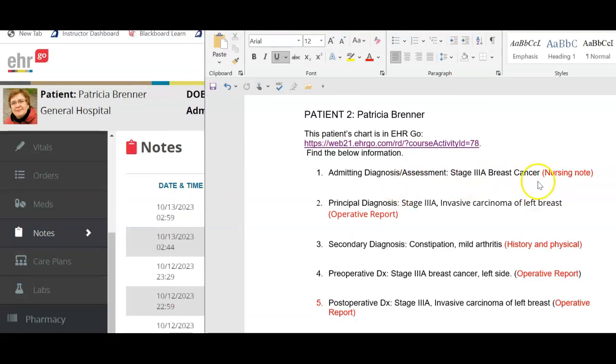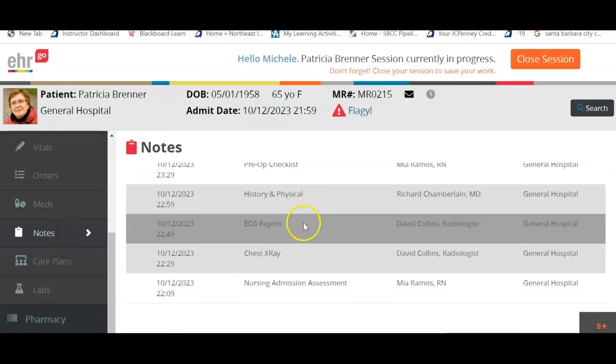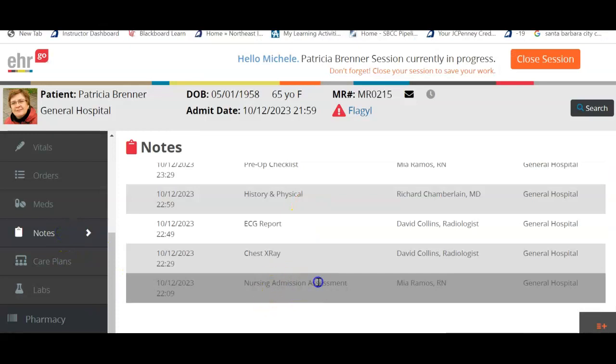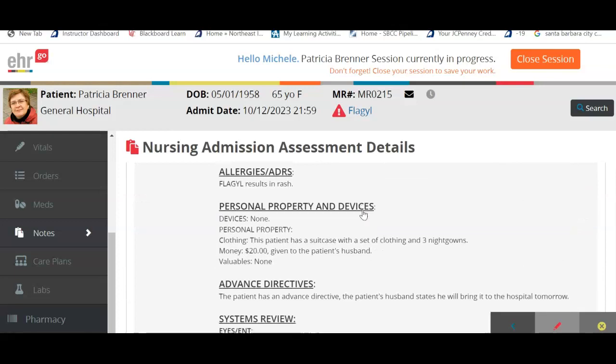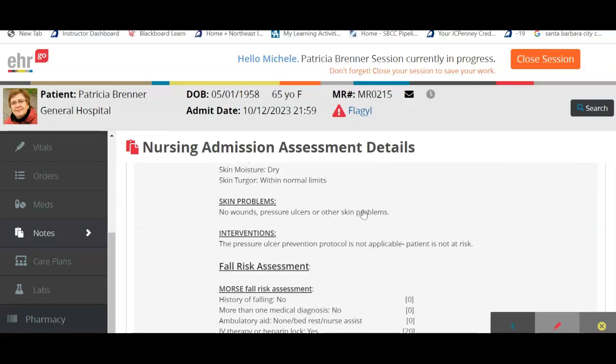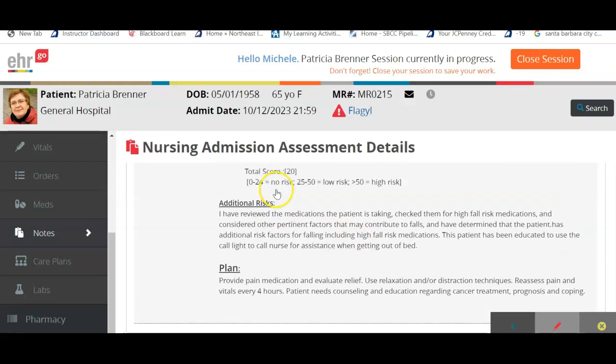All right, let's go to patient number 2, Patricia. With Patricia, in the nursing note I got my admitting diagnosis, which is stage 3A breast cancer. Once again, in the notes I went to the nursing admission assessment, and that is where I got it.